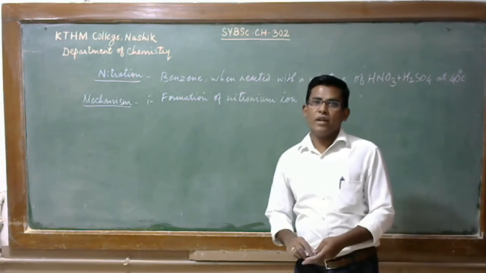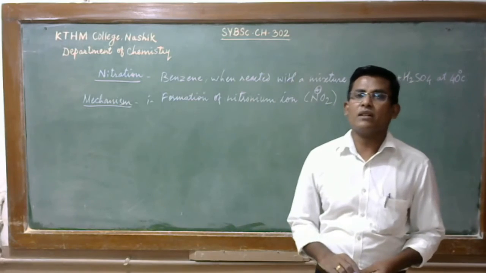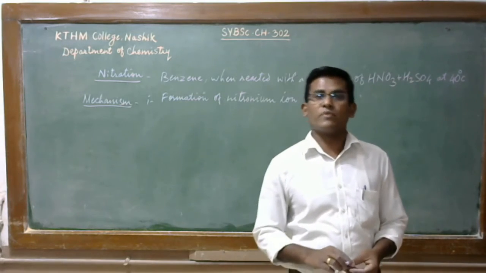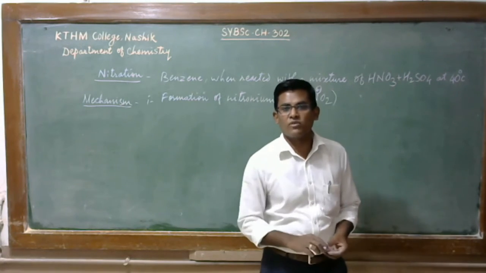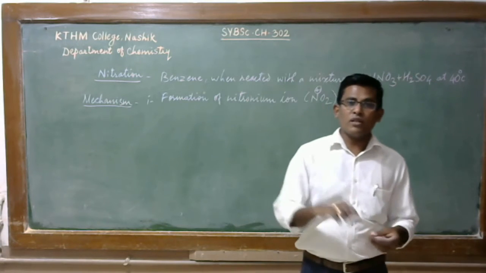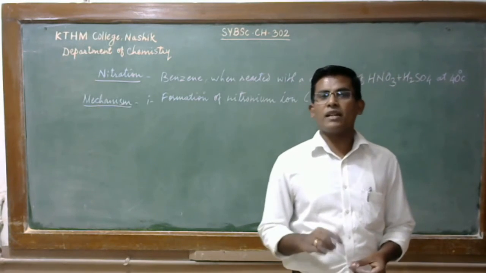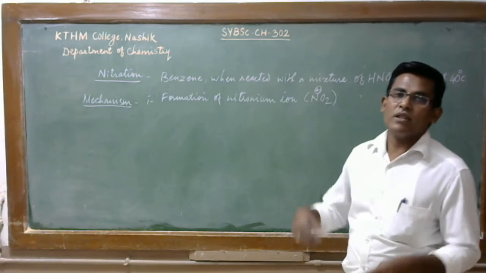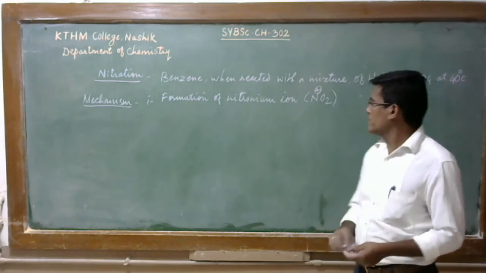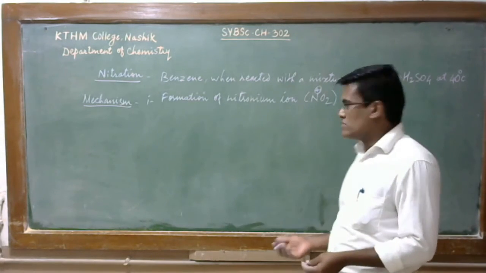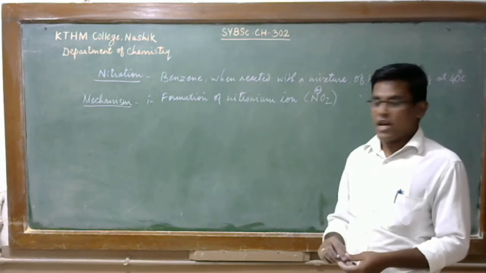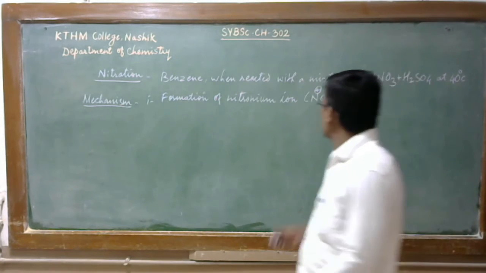When you treat benzene with nitric acid in the presence of H2SO4, it gives nitrobenzene. But if you don't use H2SO4 as a catalyst, this reaction will become very slow. So we have to use sulfuric acid in this nitration reaction.